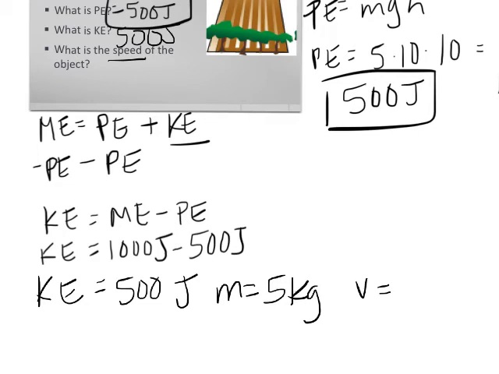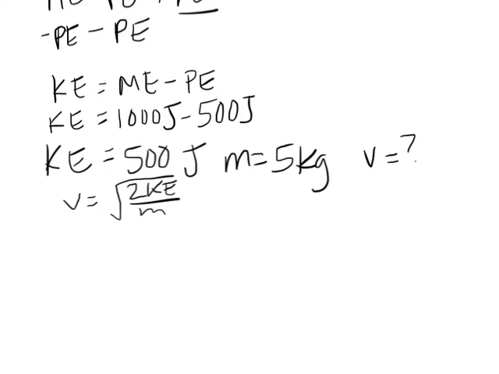So velocity, and when we rearranged that KE equation, you end up getting velocity being equal to the square root of 2 KE divided by your mass. So we're dealing with this set of knowns right here.